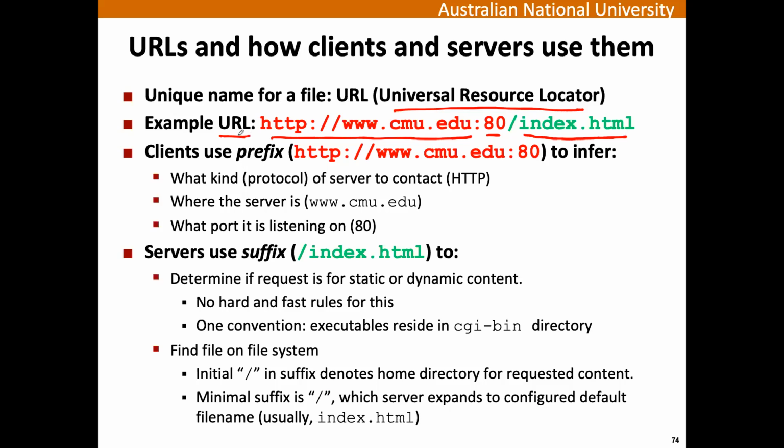So in this example URL, clients use the prefix to infer the kind of protocol the server is using, the domain name of the server, where the server is, and on what port the server is serving web requests for web pages. And the server, after receiving the connection, looks at the remaining part, the suffix, to figure out what kind of content this client is looking for.